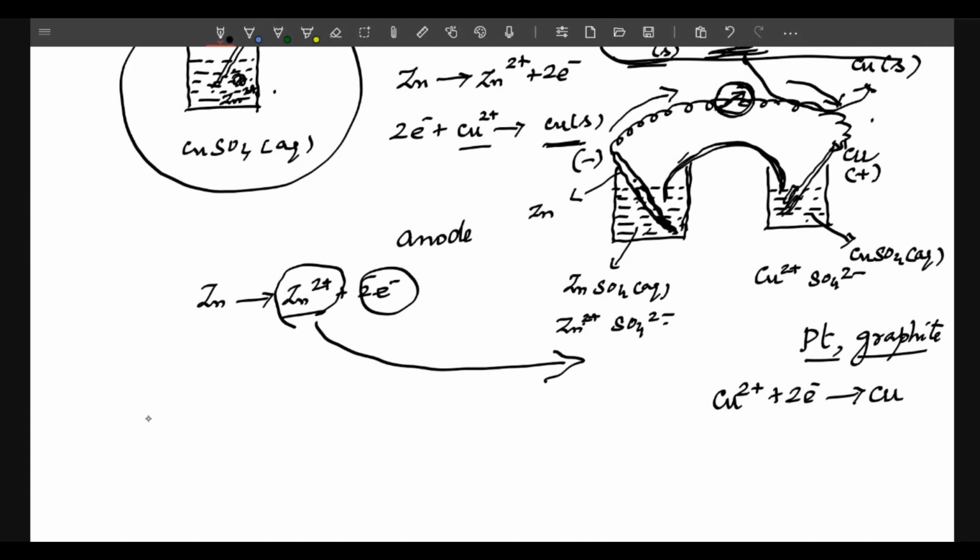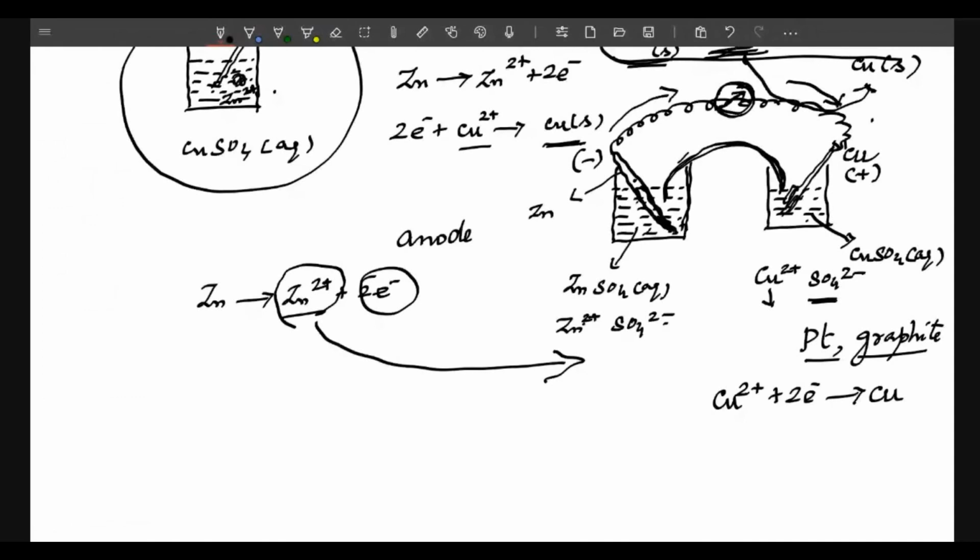As copper ions go on depositing over the electrode, the concentration of copper 2 plus decreases, whereas the sulfate ion remains the same. Therefore, the net charge in the cathodic compartment is negative, while in the anode compartment the positive charge will be higher.